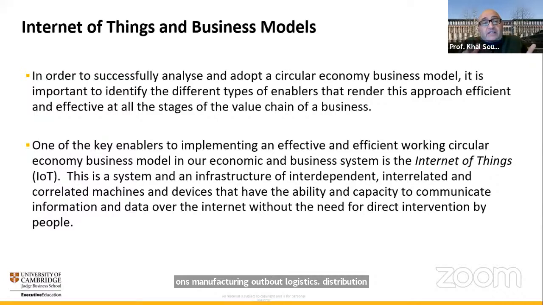The Internet of Things can apply across the value chain. You can have the Internet of Things relating to sourcing material, to inbound logistics, to operations, to manufacturing, to outbound logistics, everywhere.